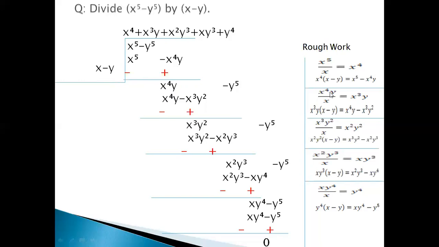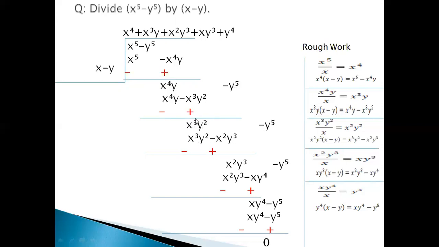So x power 4y over x is equal to x cube y. Multiply this by your divisor, we get x power 4y minus x cube y square. Substitute it here. Now for subtraction, again change the sign, these will cancel out, and we get x cube y square minus y power 5.